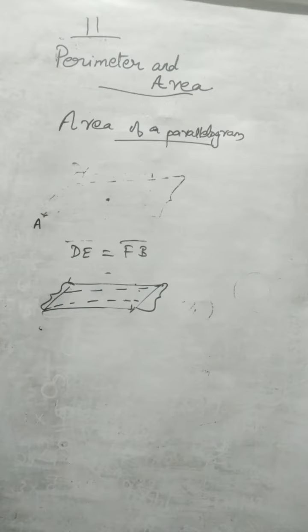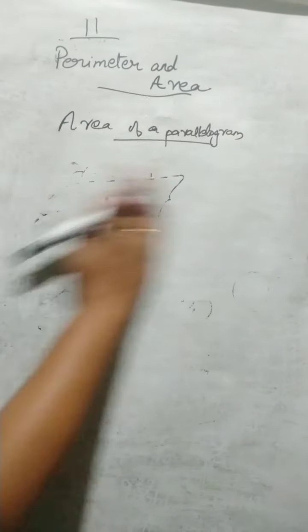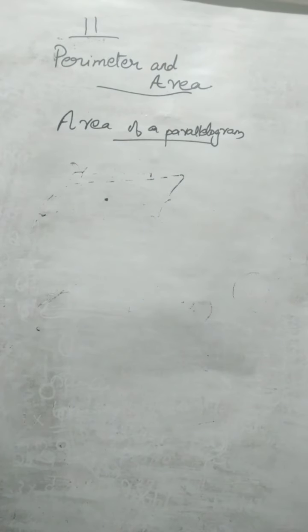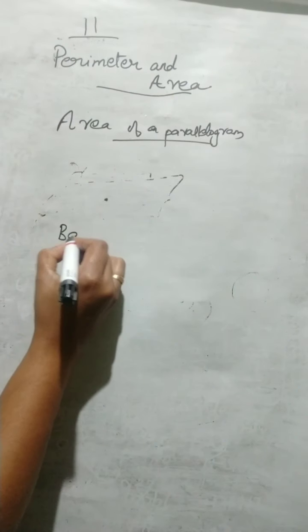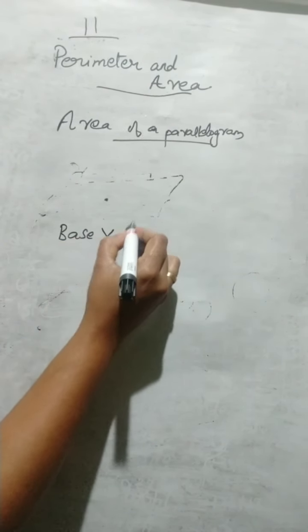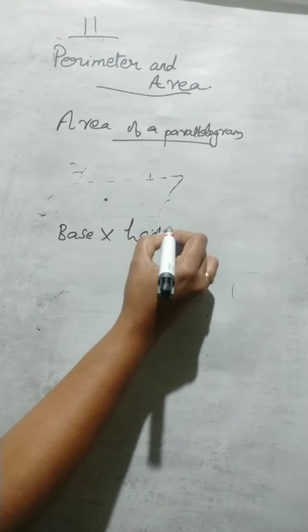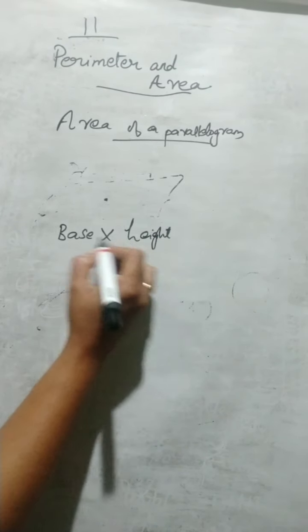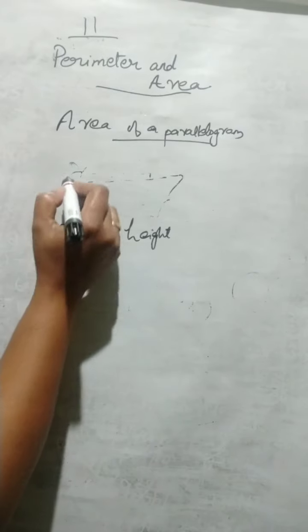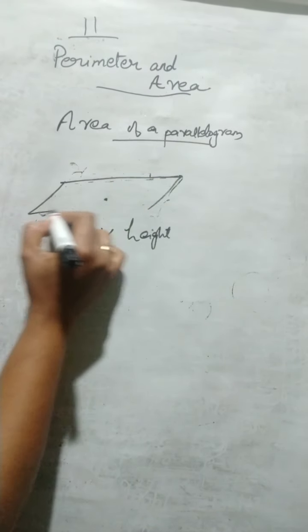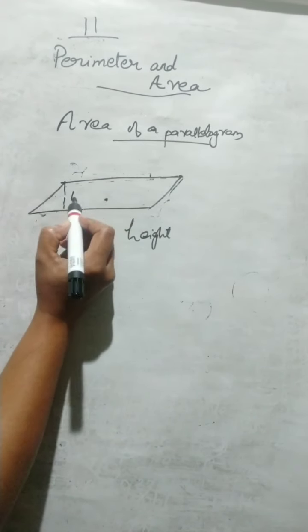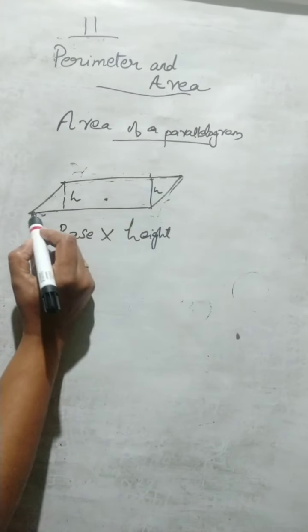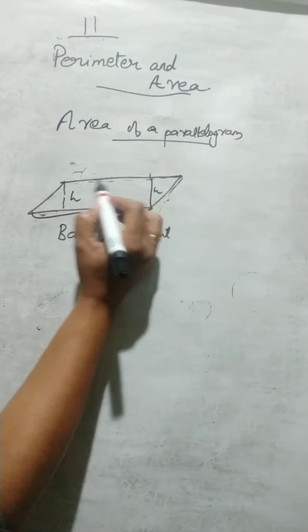Both opposite sides are equal in length. So here we can think base into height. Base times height. Here will be the height. This will be the base. Okay.